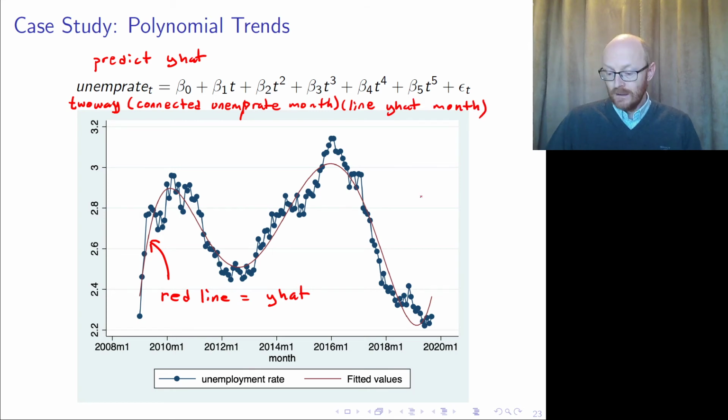Okay, so you see that you can explain a lot of the pattern in the data.